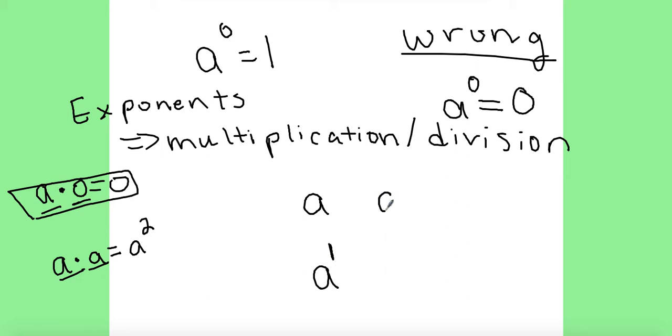Now, if I have 2 a's being multiplied together, what is that exponent? Well, that exponent is a squared. There's 2 a's being multiplied together, and we can keep going, right? I probably only have room to write one more. If I have 3 a's being multiplied together, what's the exponent? Well, 3. That's the definition of exponent.